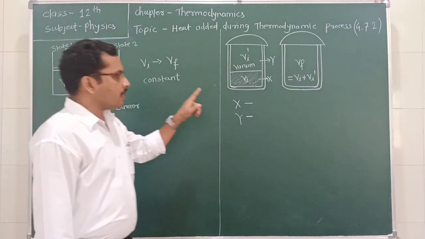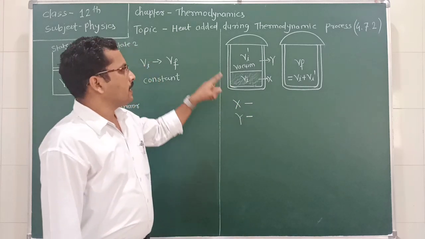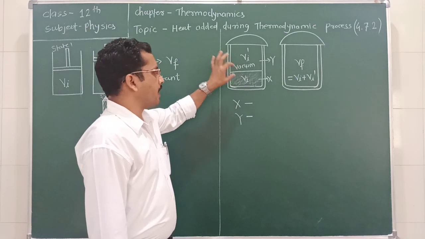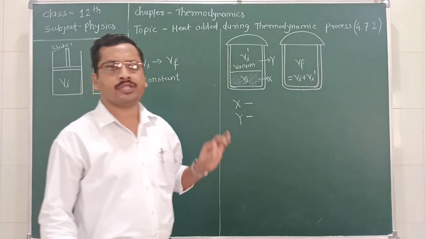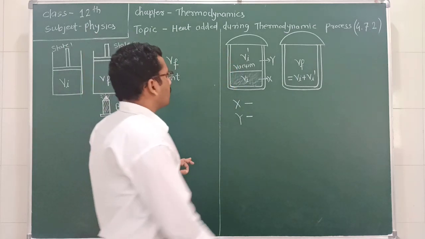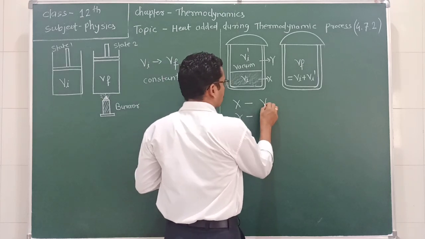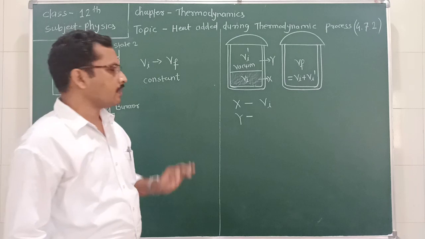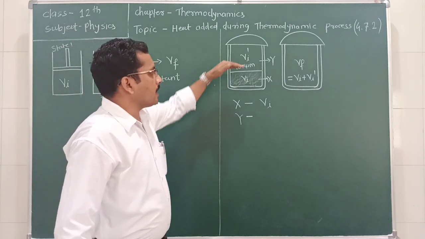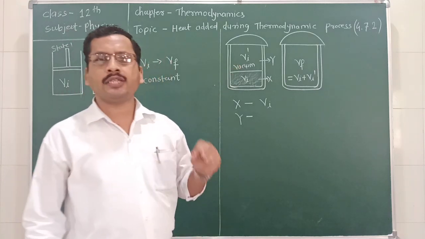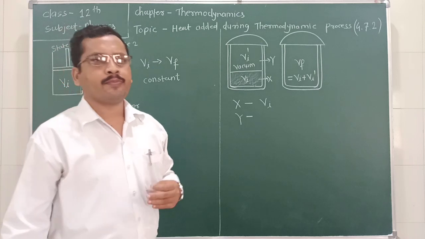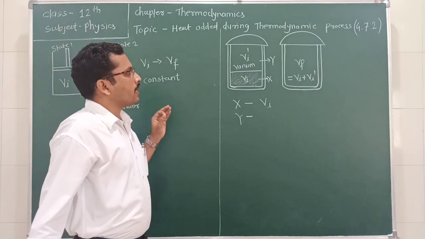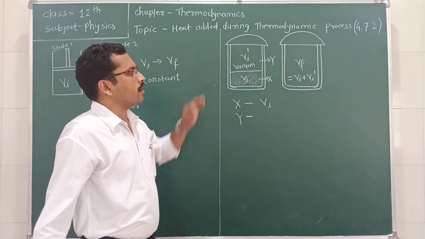Here, we are also considering that the same amount of gas is filled in compartment X at the same temperature, and the initial volume is equal to Vi. Now, in compartment Y, there is no gas present, no molecules, no atoms, nothing.